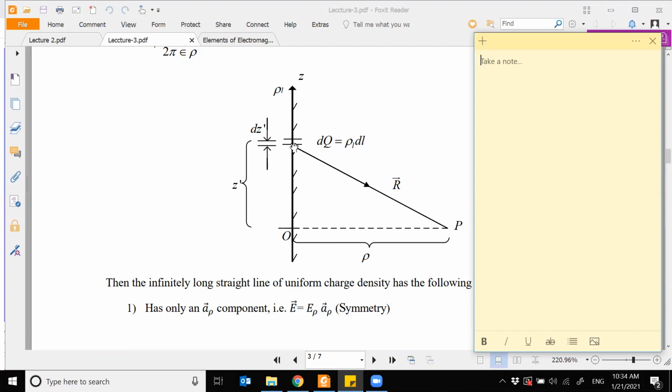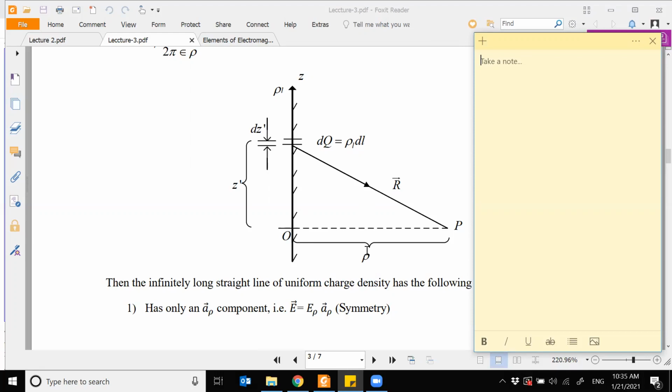And from here is the distance vector r, which is pointing away from the elemental charge and towards my observation point P. And also, I'm assuming that this observation point P is at a distance of rho from the origin. So these are the conditions of our problem statement.